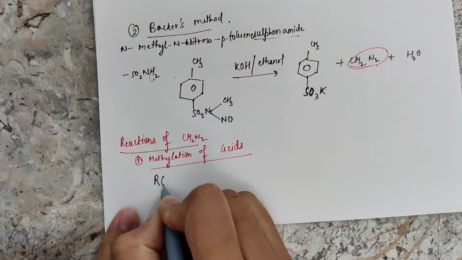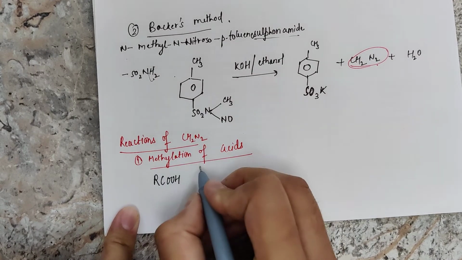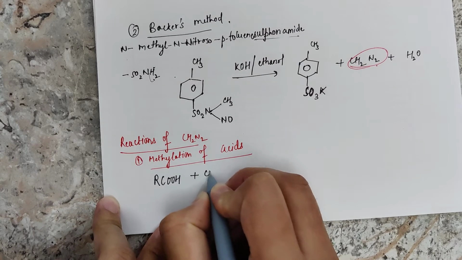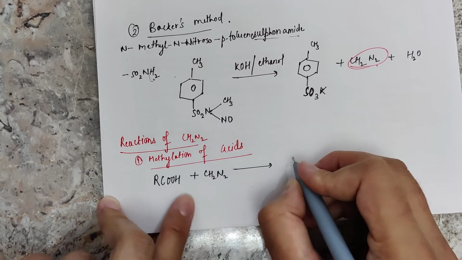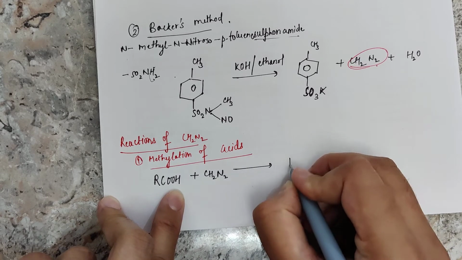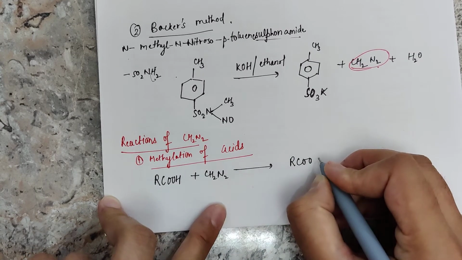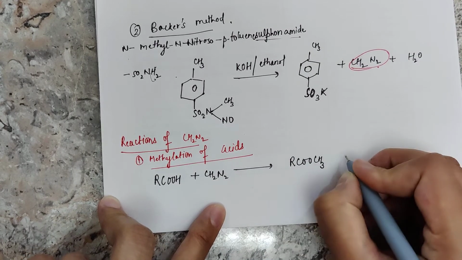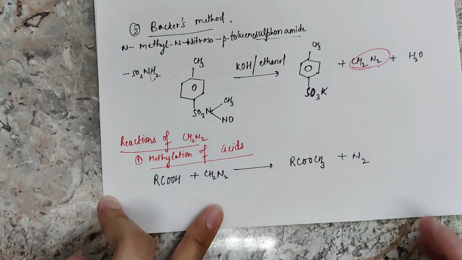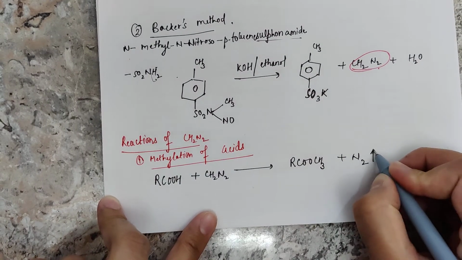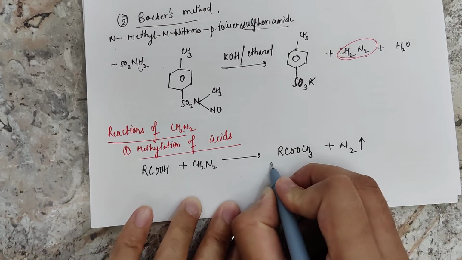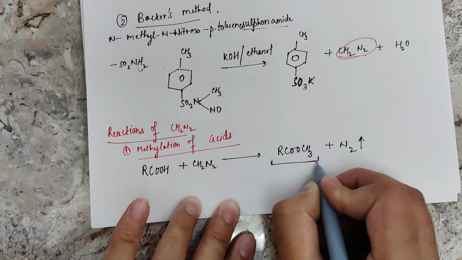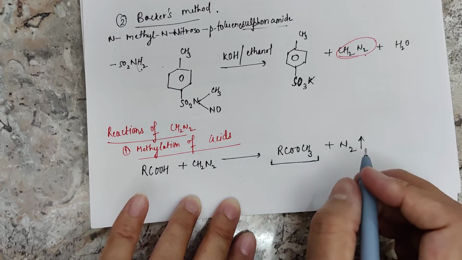Let's take a general carboxylic acid RCOOH plus CH2N2. So what will we obtain? RCOOCH3 plus N2. N2 is a gas, so it will eliminate very easily, and in the product you will obtain this only.